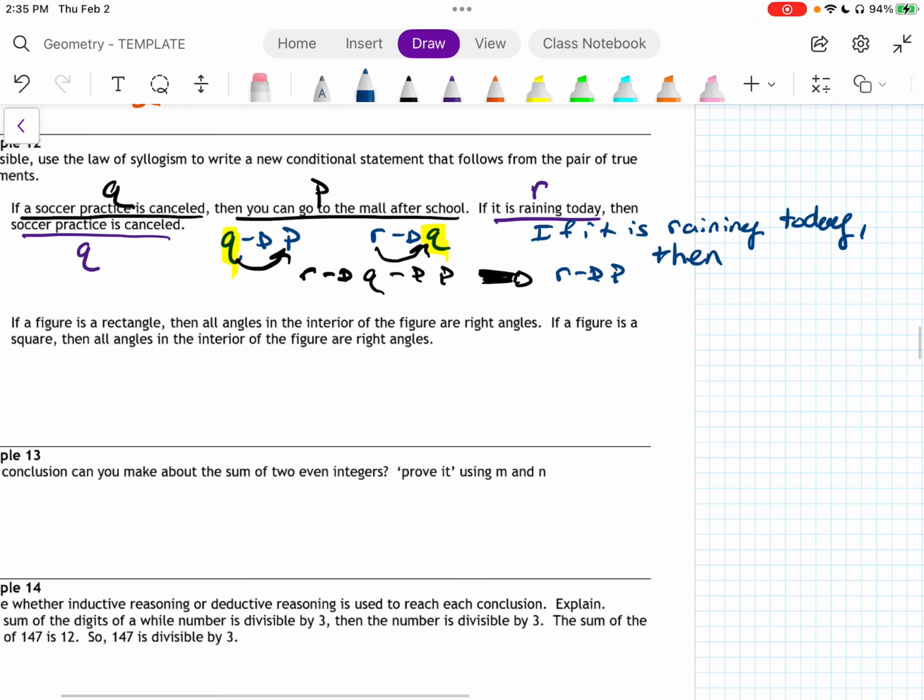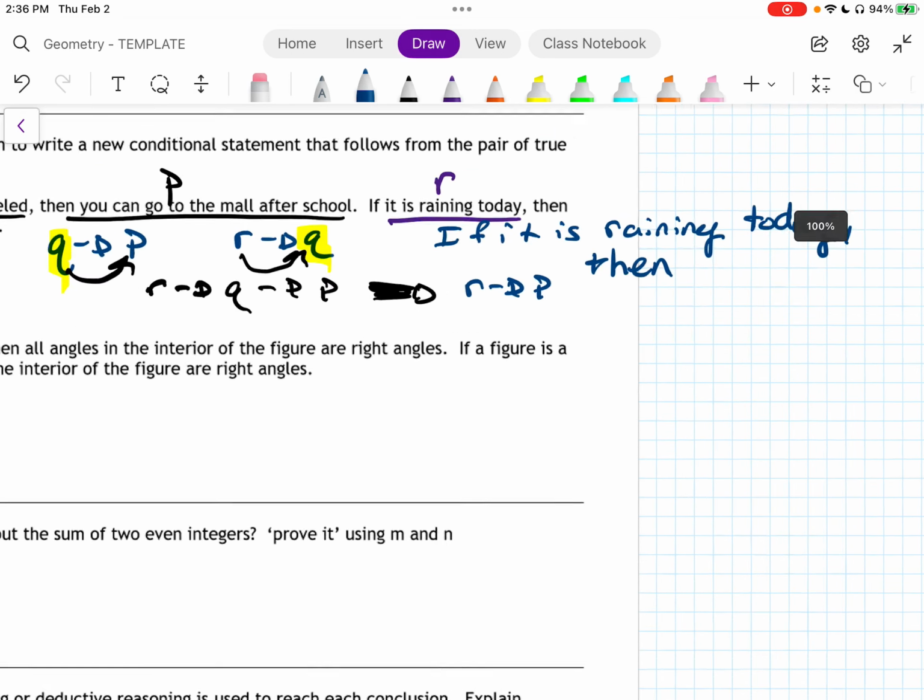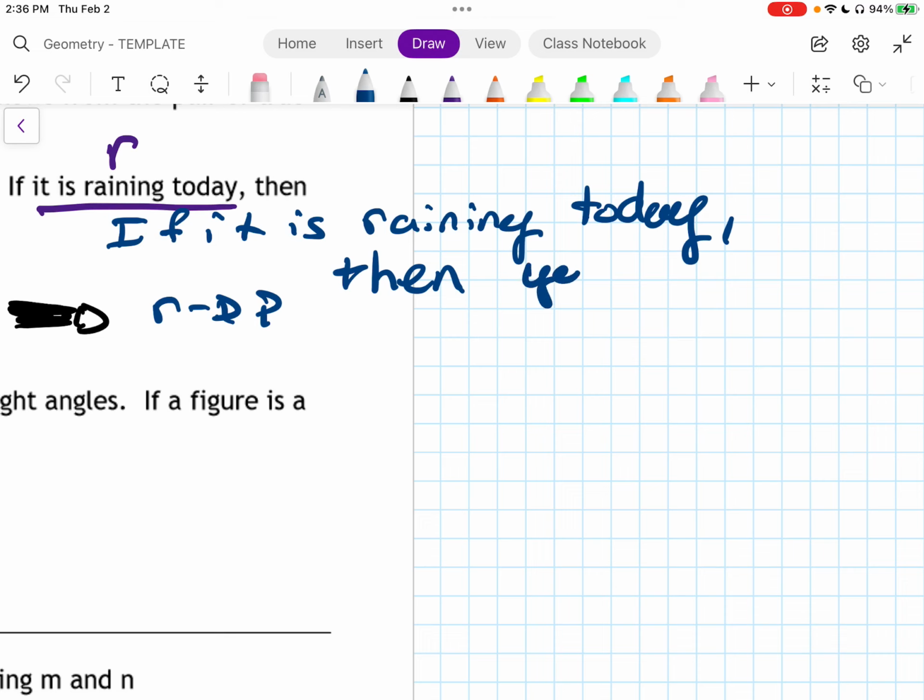You can go to the mall, right? If it's raining, soccer's canceled. If soccer's canceled, you go to the mall. So we can say, then you can go to the mall today.